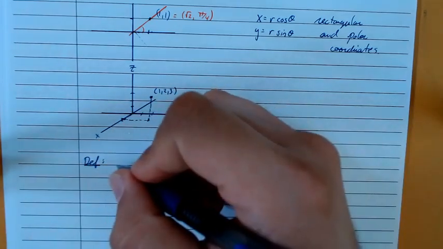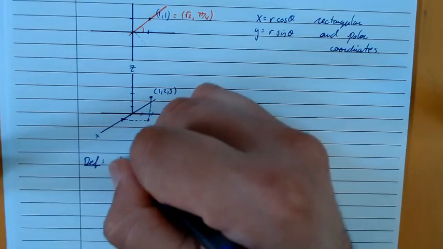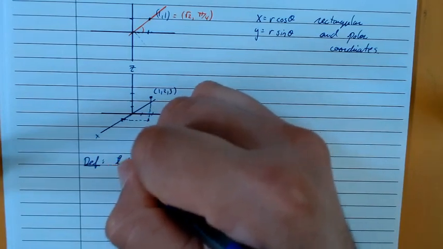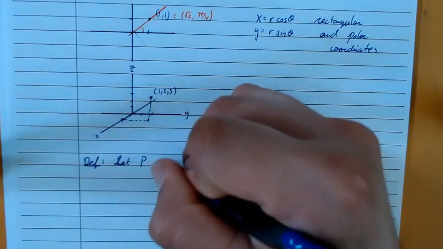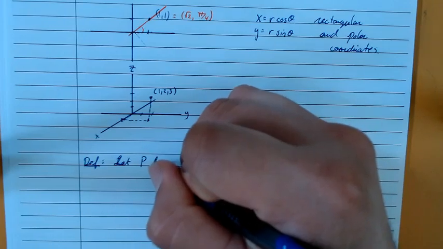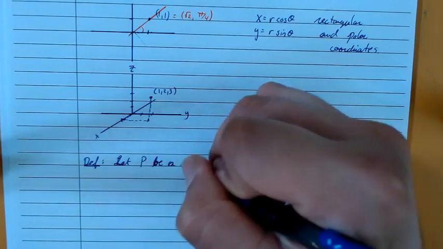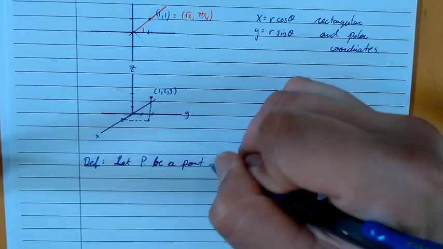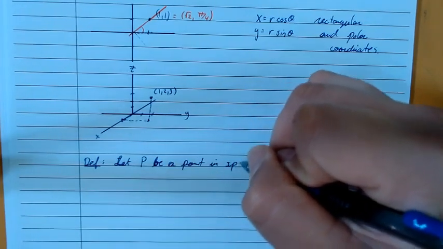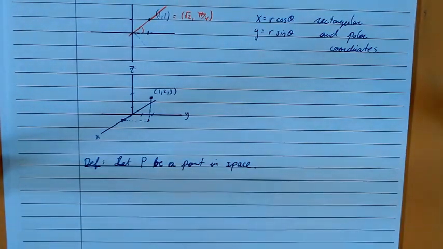We're going to start off with a point in space. Let P be a point in space. Okay.